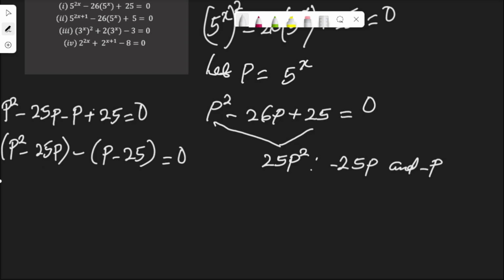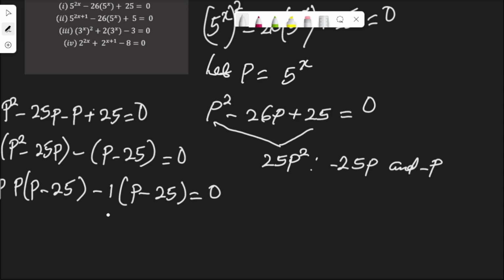In the first bracket, p is common. So p bracket, p minus 25. In the second bracket, the only common factor there is 1. The only thing that divides is 1. That is what we mean by common factor. Minus 25 equal to 0. Since we have a common factor p minus 25, we have it here, p minus 25, then we group this and this together, p minus 1 equal to 0.